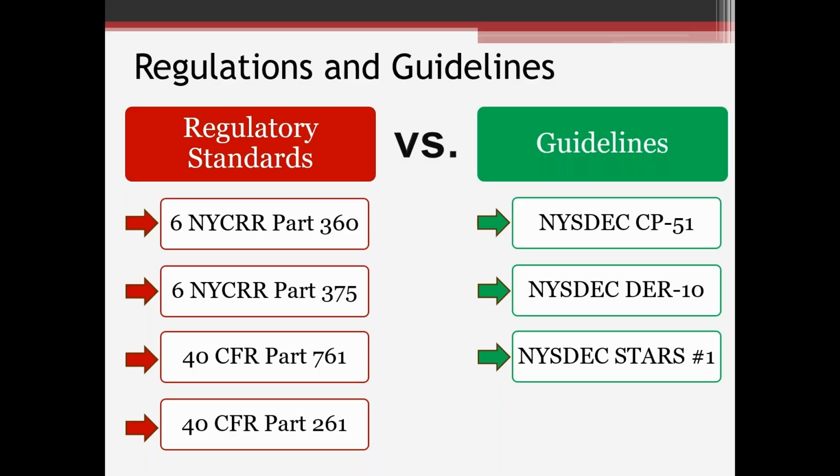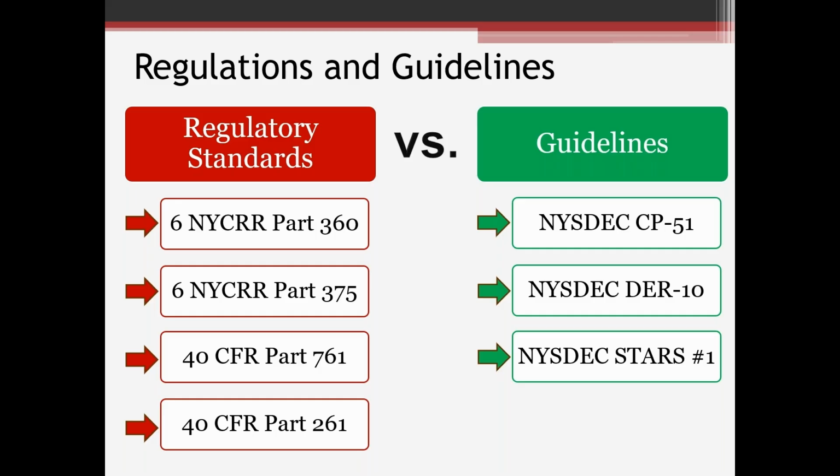But in addition to the regulatory standards, there are guidelines. These aren't specific regulations that need full compliance, but more documents that help guide those sample analysis programs. They give a little more instruction and guidance, less law-like, more assistance in helping you decide or determine these sample analysis criteria.